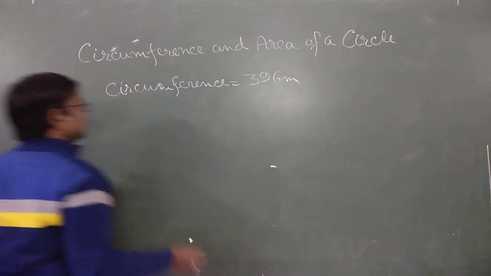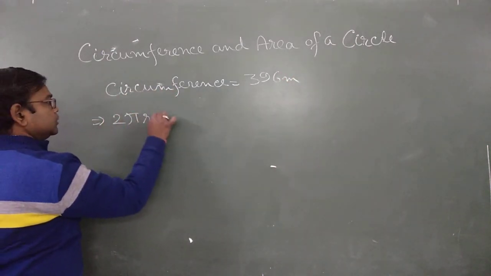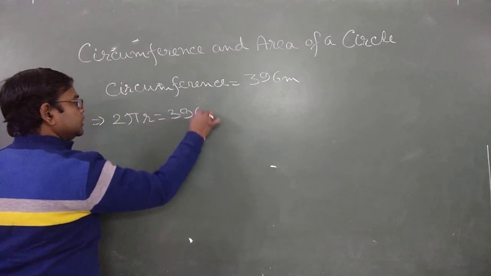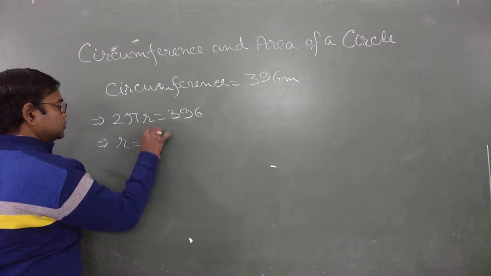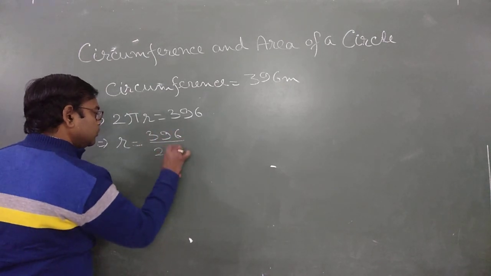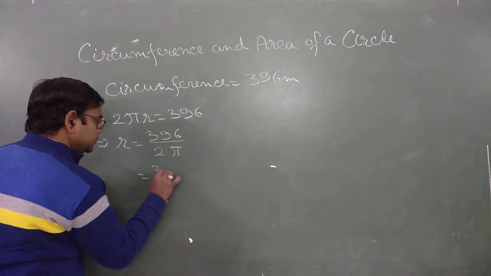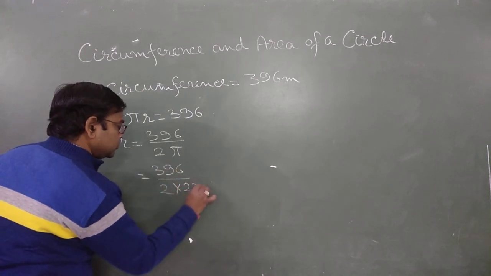Clear? So as we know, 2 pi r equals 396. We get r equals 396 upon 2 pi. Place the value of pi, 2 into 22 upon 7.